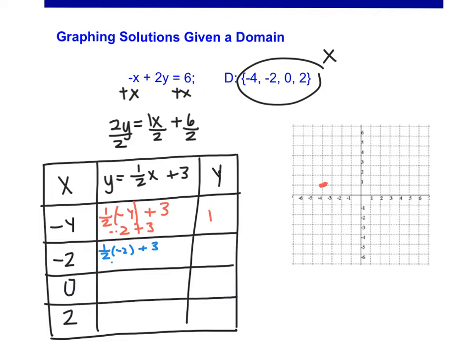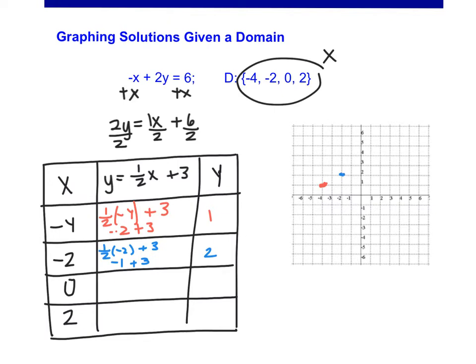So half of -2 is -1 plus 3, and -1 plus 3 is a positive 2. So that ordered pair, our x is -2, so you go 2 to the left on the x-axis, and our y is a positive 2, so that's going to go right there at -2, 2.